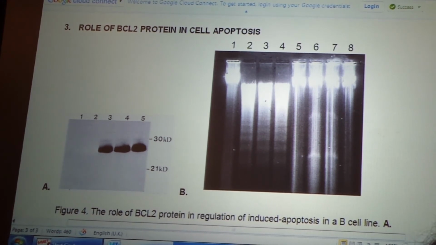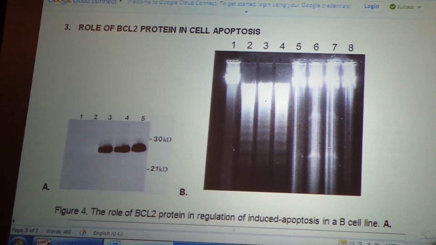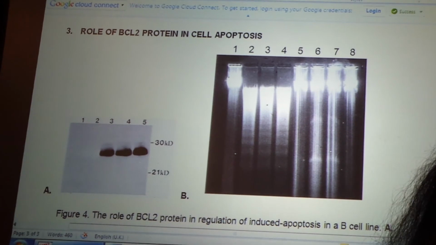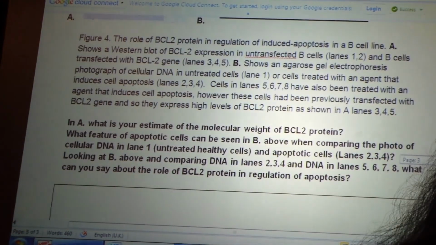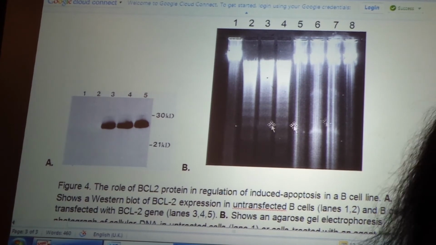So BCL2 is a survival protein, and again, remember, that's why it's called B-cell lymphoma gene 2, because it's involved in cancers as well. So it promotes cell survival. Okay, so if you've got all those points down, you've got it. Is everybody clear what's going on here? This is quite straightforward.